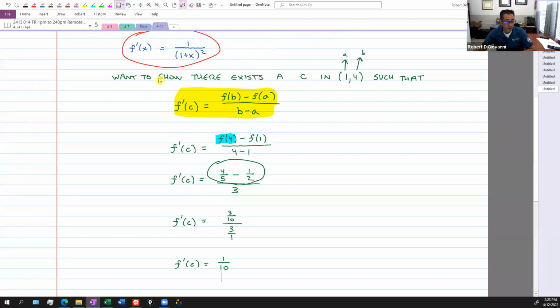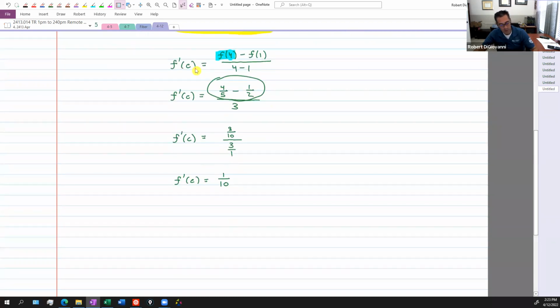Now, what is the derivative? Well, here's the derivative. If I plug c into this, I get 1 over (1 plus c) quantity squared, which must equal 1/10. Let's cross multiply: you get 10 equals (1 plus c) quantity squared.